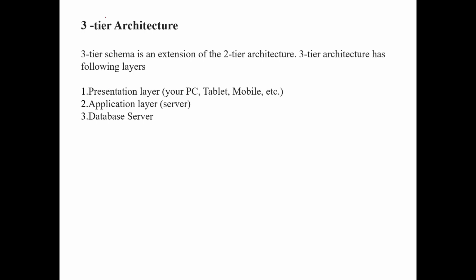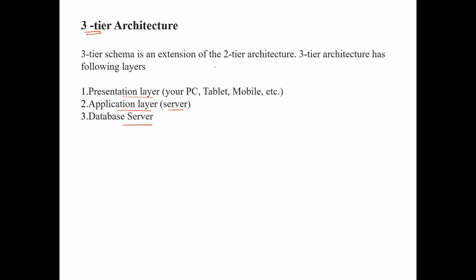Three-tier architecture has three levels. One is the presentation layer, that is your PC, tablet, or mobile. Second is the application layer, that is the server, and third is the database server. The three-tier schema is an extension of the two-tier architecture.